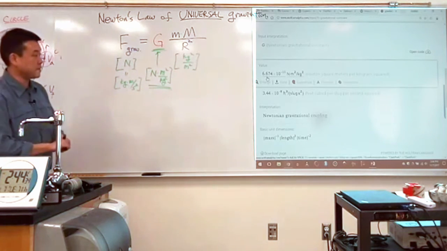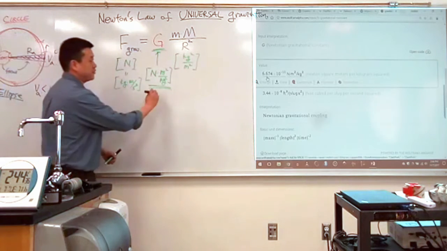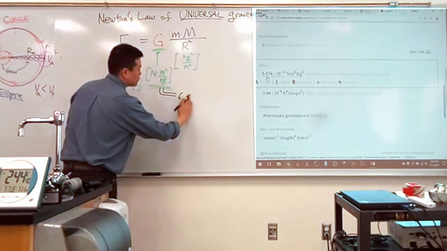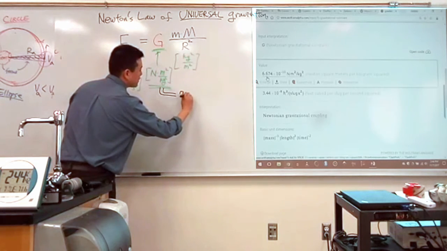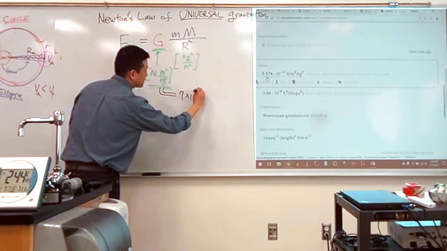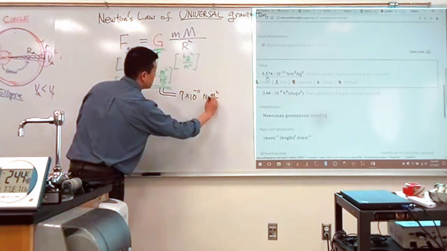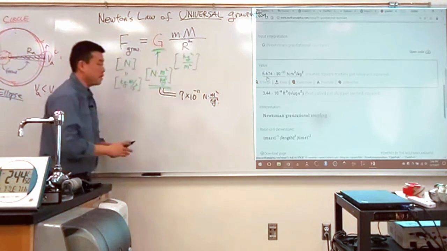So the value of this G in this unit, the exact unit we said, is approximately 6.7 times 10 to the minus 11 newton meter squared per kilogram squared.